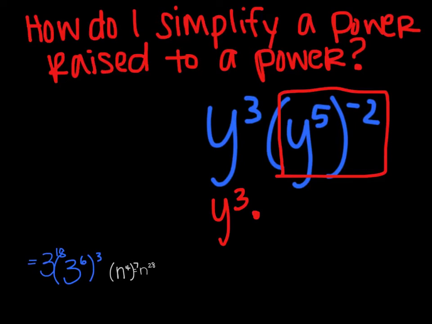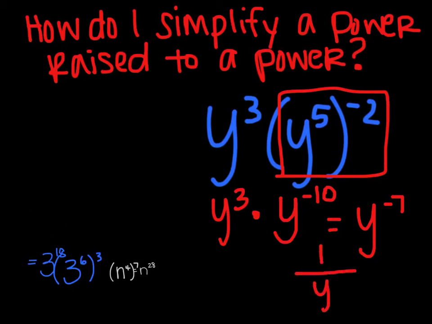We know that that would be y to the negative 10th power. And then we are multiplying bases here, so we can just say that this is y, and then adding would be 3 plus negative 10, which is negative 7. And then from there, I need to change that negative into a positive, so I have 1 over y to the 7th as my final answer.